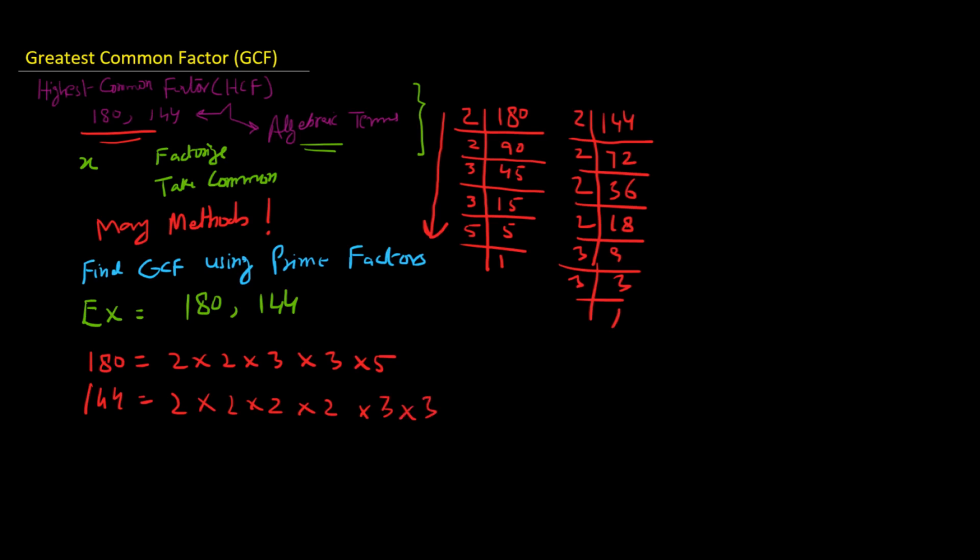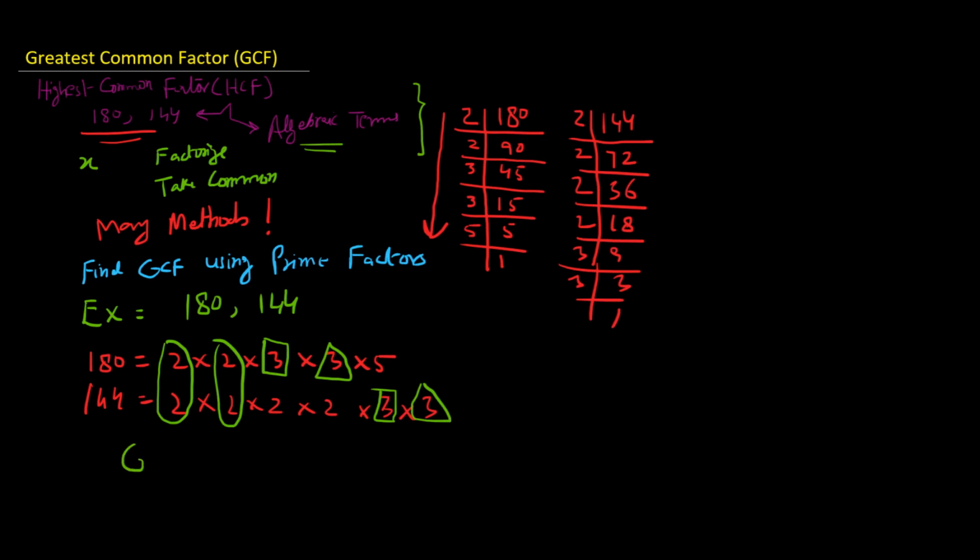So now for the greatest common factor, first we have to find the common factors. So this 2 is common in both, this 2 is common in both. Now this 3 and this 3, you can just mark it like this so you don't make any mistake. This 3 with this 3. So now we have 4 common factors.